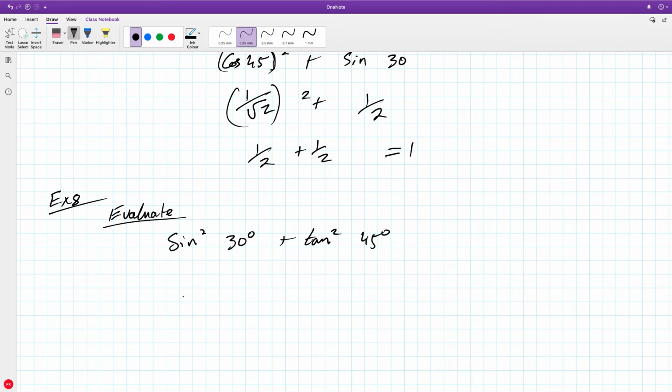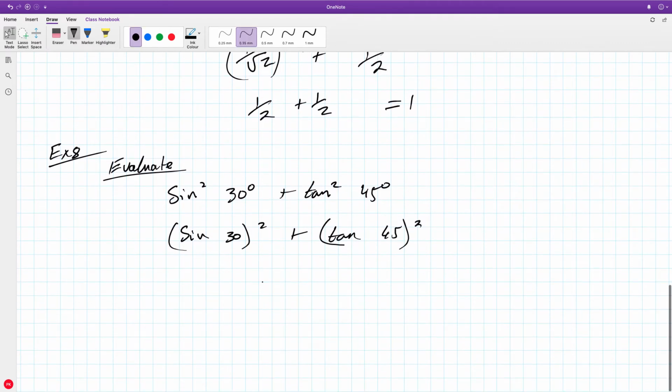Right, do we get an answer? What we get is 5 over 4. So that's the sine of 30 squared plus the tan of 45 squared.